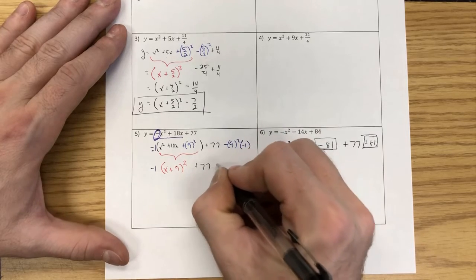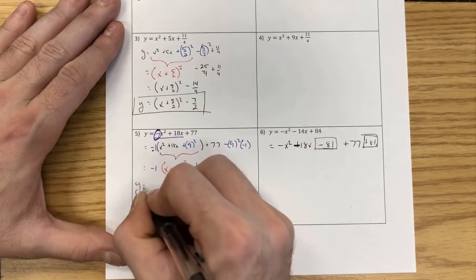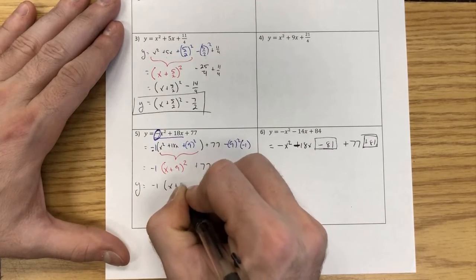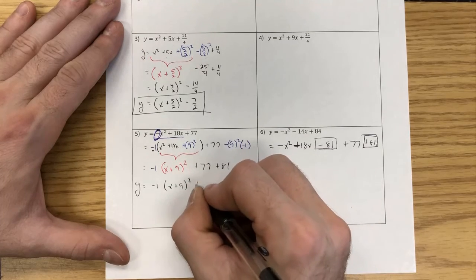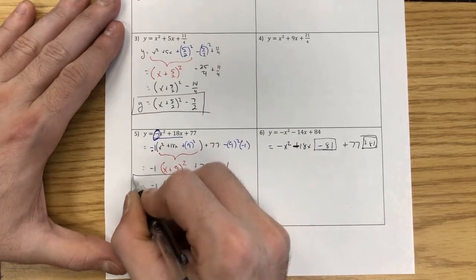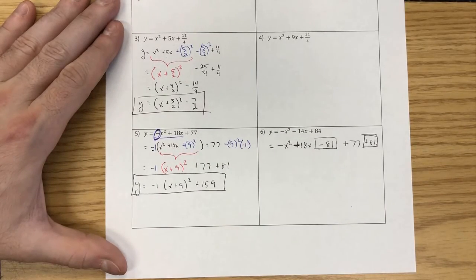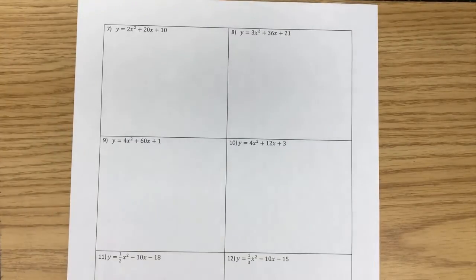So what is 77 plus 81? Well, negative 1, x plus 9 squared. That's going to be 159. There we go. Perfect. And so let's do one more of those.